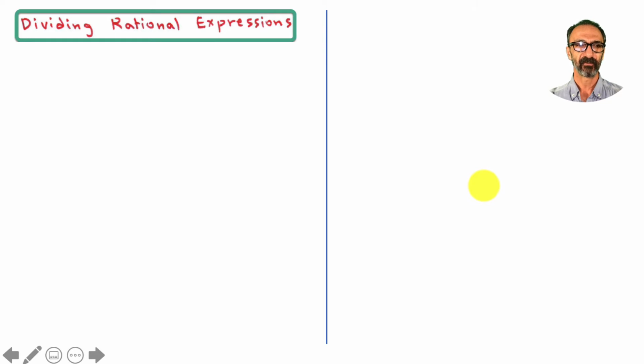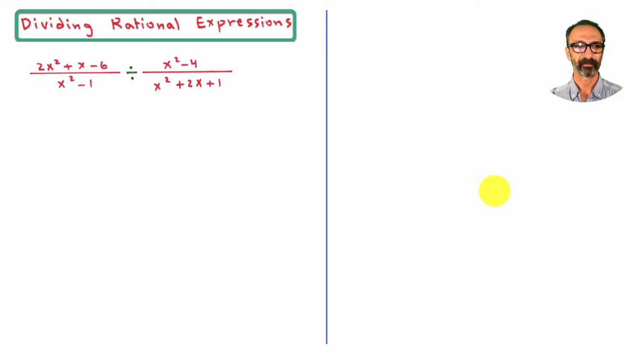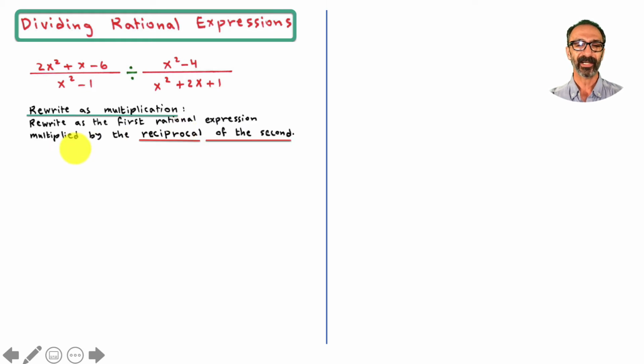divide. Dividing rational expressions. So here I'm highlighting that it's division, so you gotta be careful. We're gonna rewrite as multiplication: the first rational expression, keep this the same, multiplied by the reciprocal of the second expression.